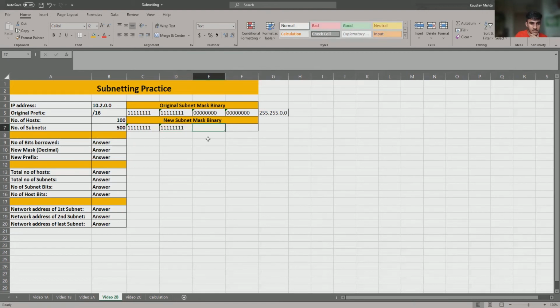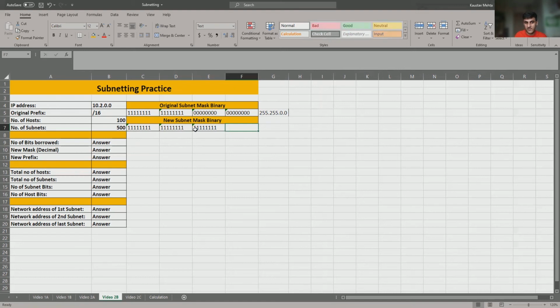Now coming to this one, it's asking that we need at least 500 subnets. So we know that if you're taking 1 bit, we're creating 2 subnets, 2 bits, 4, 8, 16, 32, 64, 128, 256. So we've used all 8 bits in this octet, but it still hasn't satisfied the 500 number. So we'll move on to the next octet.